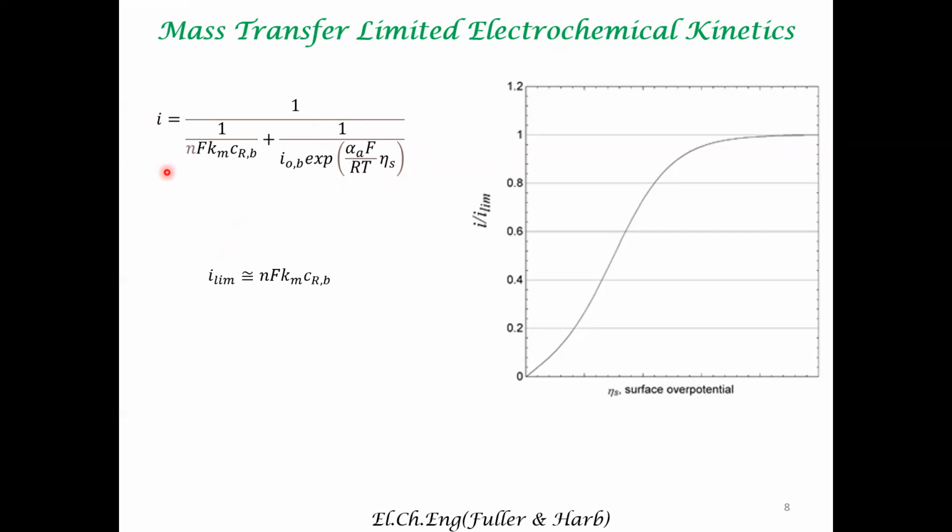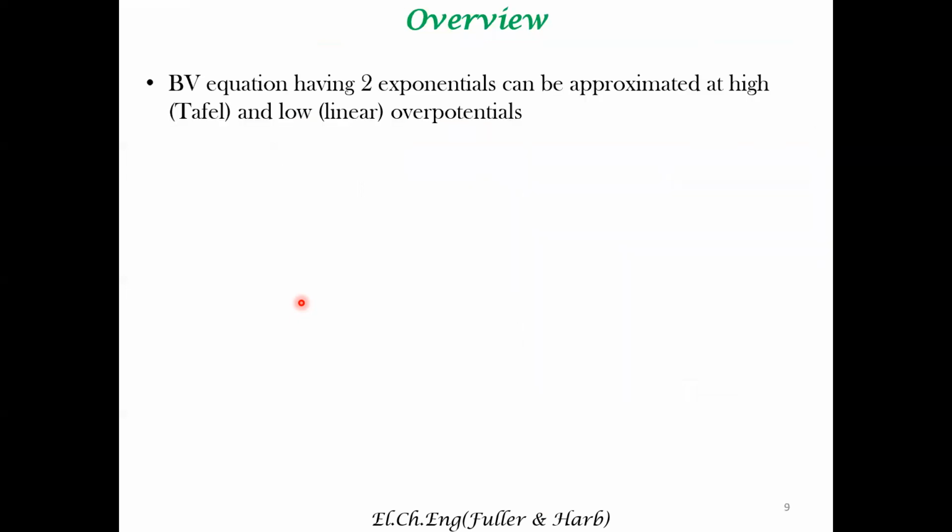Therefore, the overall current can be represented in this manner. This is just an introduction to the effect of mass transfer in electrochemical systems, but we will elaborate these kinds of arguments much more in the next few lectures.